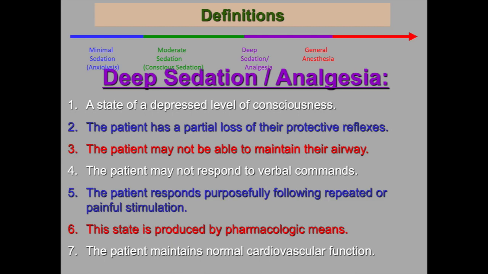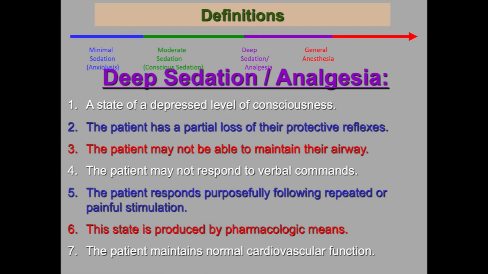They may not be able to maintain their airway, because a sedated tongue becomes very relaxed and it becomes huge. It's almost like a side of beef in the mouth, and it can block the airway. They may be able to respond purposefully to repeated stimulation, but maybe not verbal commands.